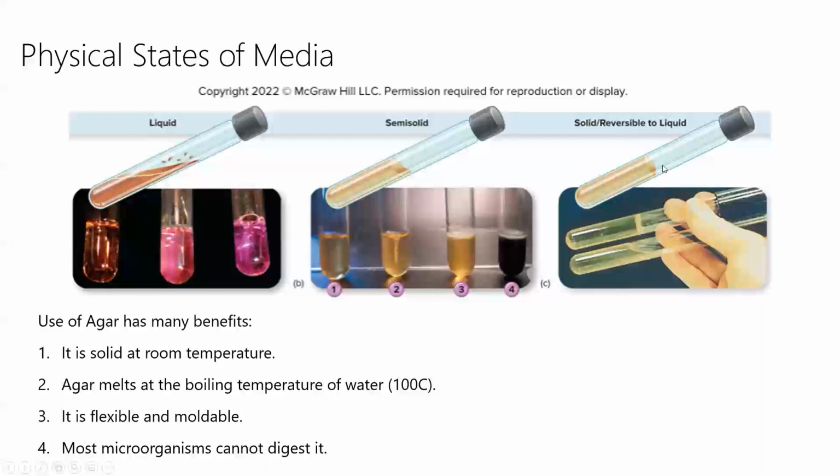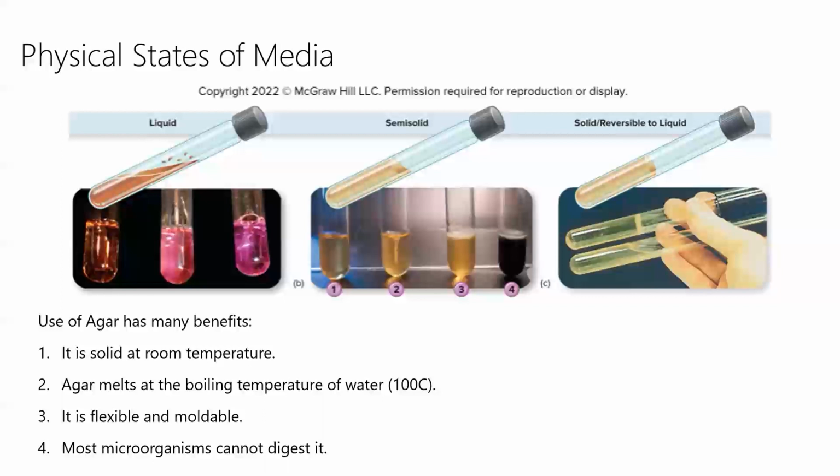And when it gets to room temperature, it will be solid, and then we can put bacteria on it and culture them. It's flexible and moldable. So again, we can shape it to whatever our needs are. Do we need lots of little tubes, or do we want a really big plate to get lots of bacteria to grow? Either way, it's flexible.